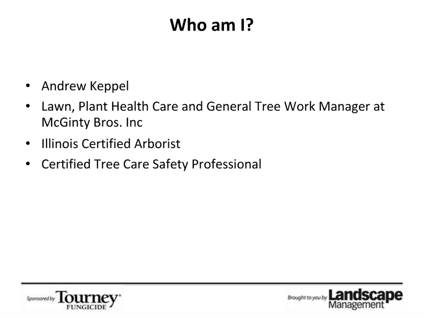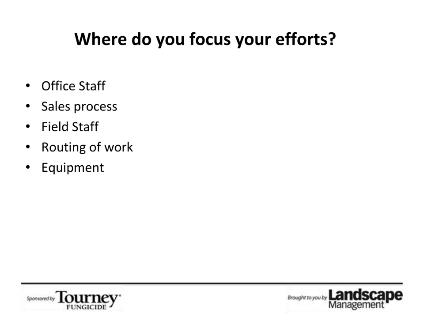What I'm going to focus on today is where you should focus your efforts. A lot of these things work together. I think they're all important, not necessarily one over the other. They're all important together. We start with the office staff. That's where everything begins. That's oftentimes your client's first contact with you as a company. Then we move on to your sales process.